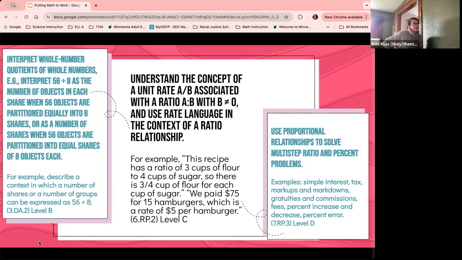For example, interpret 56 divided by 8 as the number of objects in each share when 56 objects are partitioned equally into 8 shares. So that's the foundational division problem that we were doing to find that unit rate in the level C standard. So we do need to be able to do that before what we're doing in the level C standard is going to make sense.